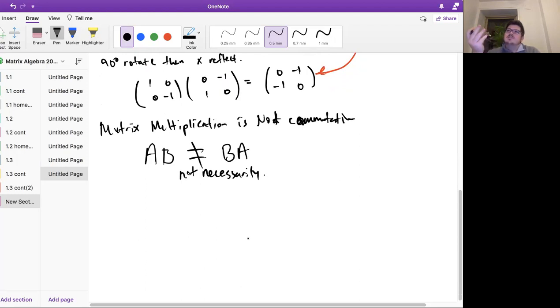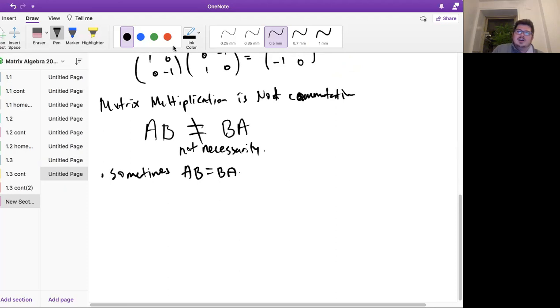When thinking of it, think of the most boring matrix you can think of. Okay, everything is the same number. Yeah, or A equals B. Sometimes AB is equal to BA. What are those times? A equals B, obviously that would be true.